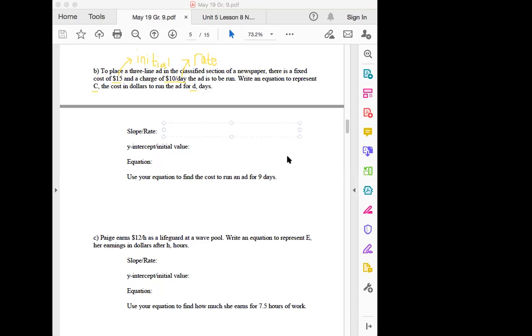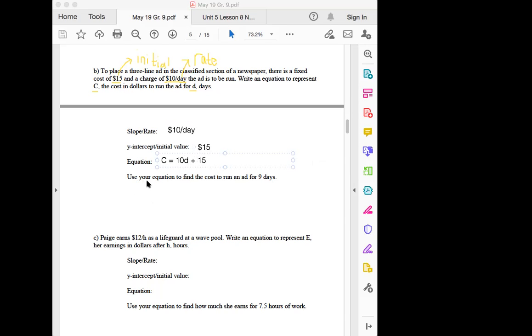Okay, so if we look at our slope here, we said that it's $10 per day as our rate of change. The initial price is $15, which means that we're going to put it into our equation here. So our total cost, which is C, is going to be $10 per day plus that 15 as an initial fee.